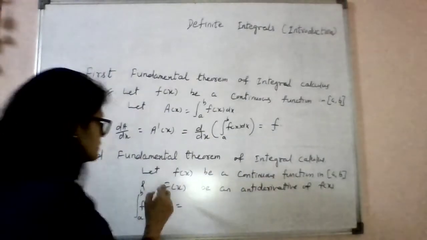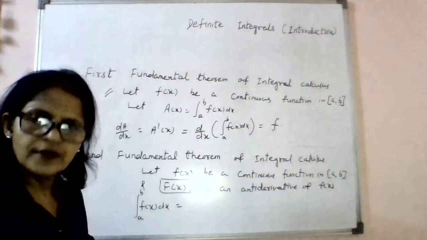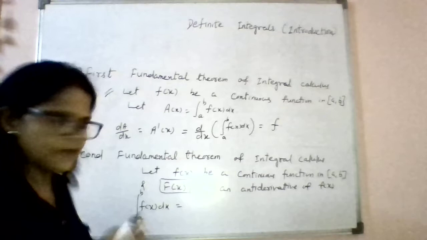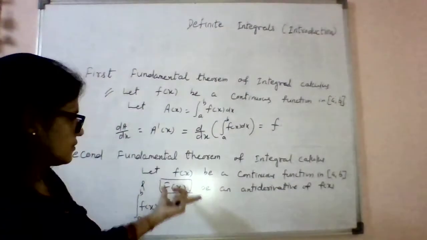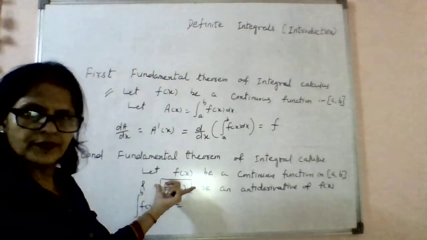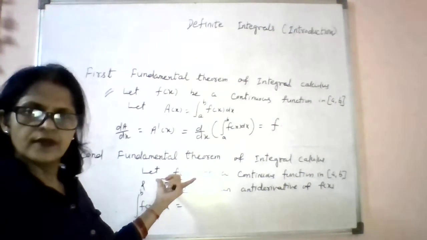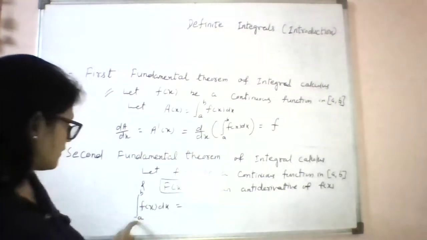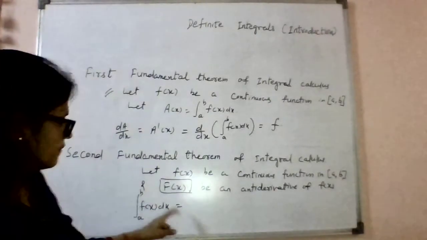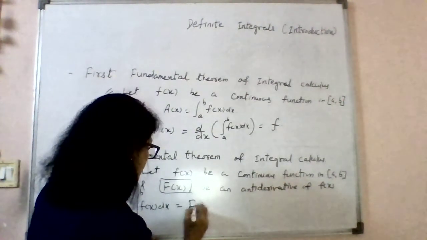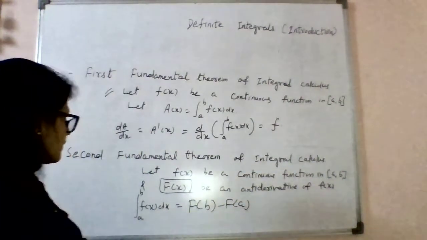It means F(x) is the integral of f(x), here the indefinite integral, because you have studied the antiderivative as the integral. Then the integral of f(x) dx from A to B is equal to F(b) minus F(a).